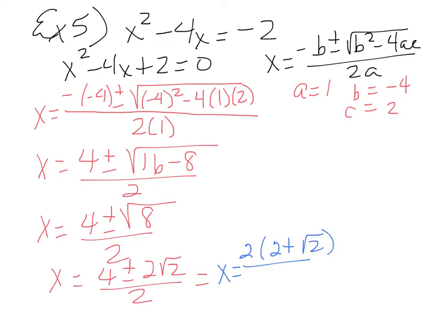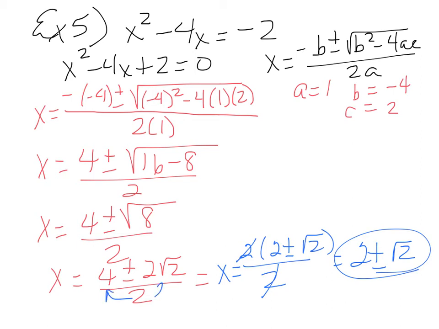Factor it out. And then the 2 on top and the 2 on bottom cancel. So you're just left with 2 plus or minus the square root of 2. So you have your two answers again, 2 plus root 2 and 2 minus root 2. Or you can take this 2 and split it up into each term and then just simplify. You'll end up with the same thing no matter what.